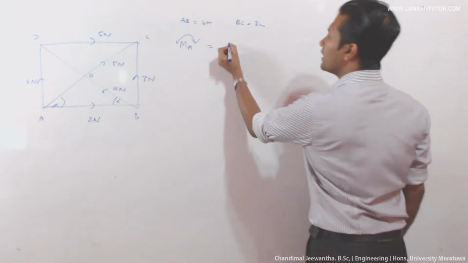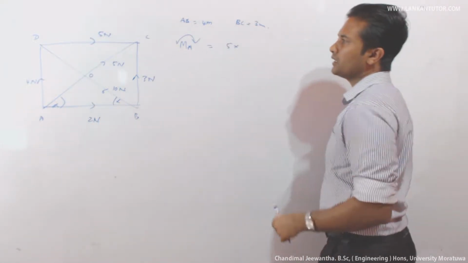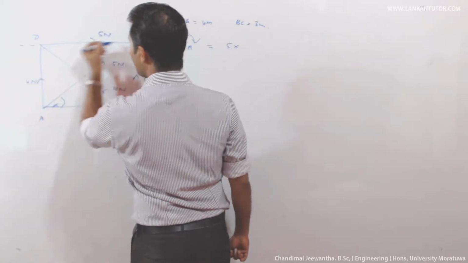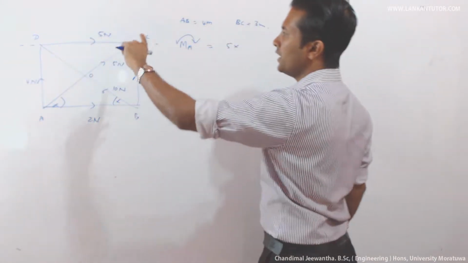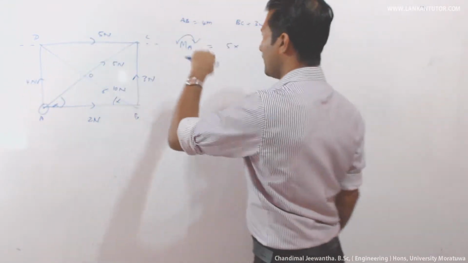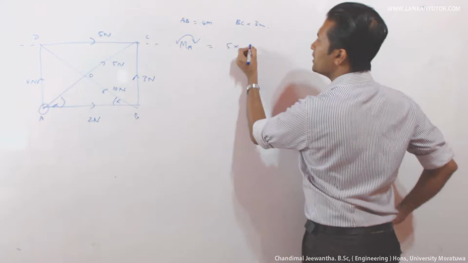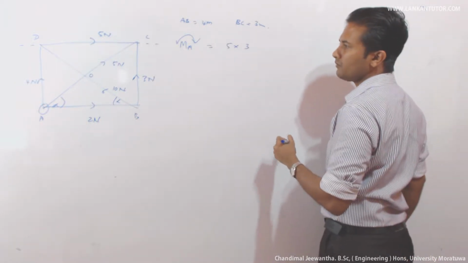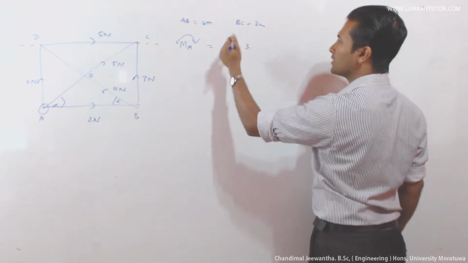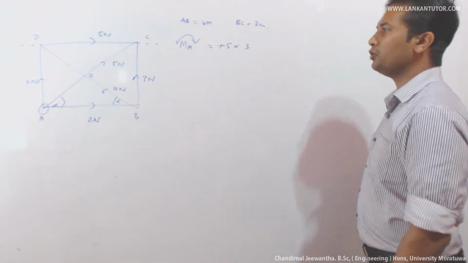Let's consider the other forces, like 5 newtons. What would be the perpendicular distance? This is the line of action of 5 newtons. The perpendicular distance should be AD, which is equal to BC. So that is 3. Then it is clockwise direction, so it should be positive.